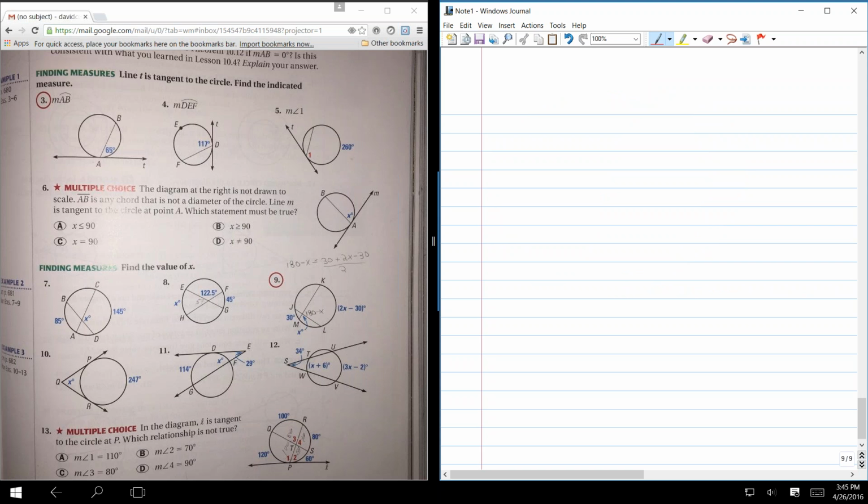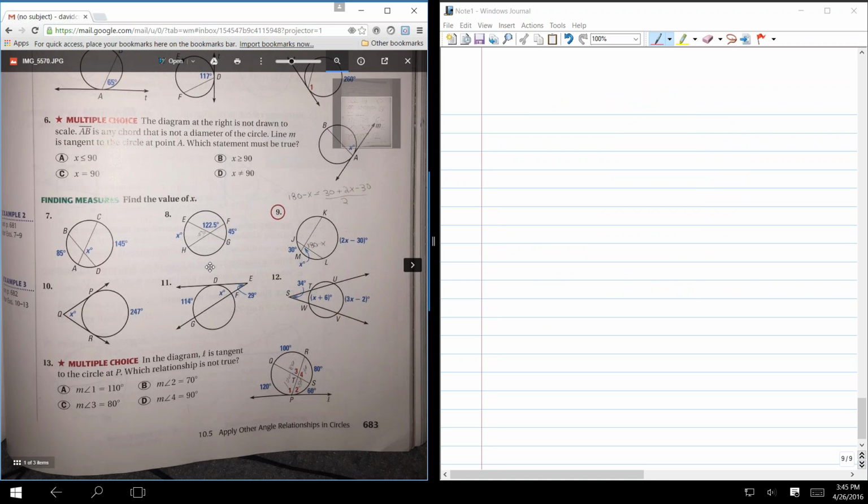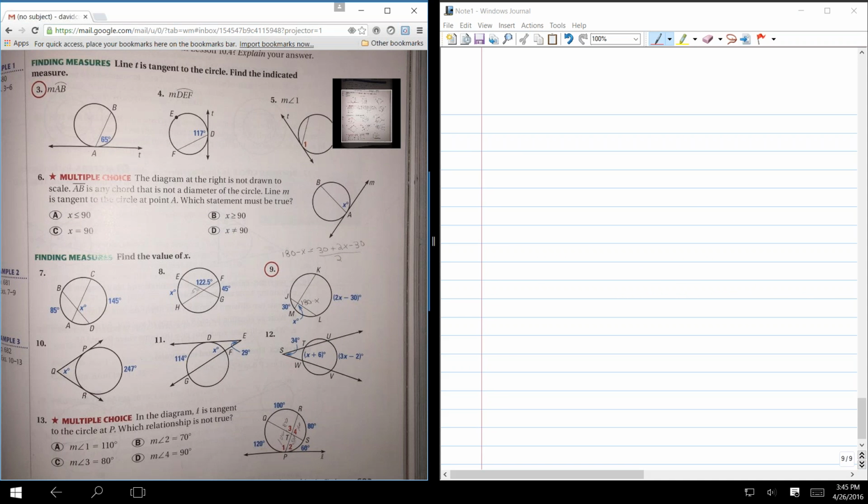On number 5, what's the measurement of angle 1? 130. On number 6, the diagram isn't drawn to scale.